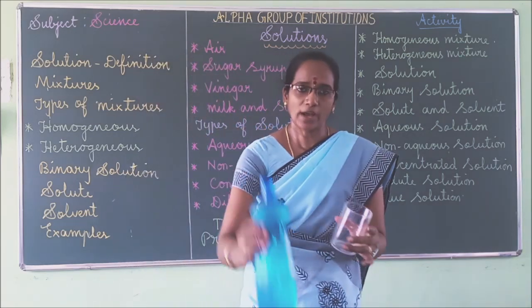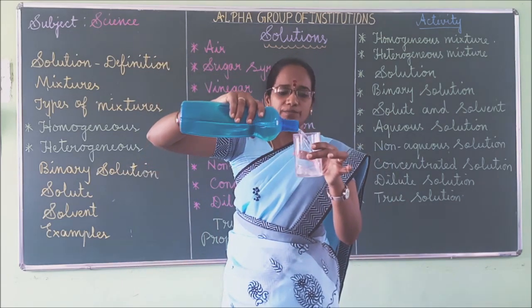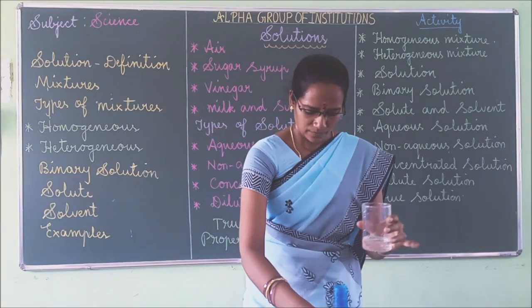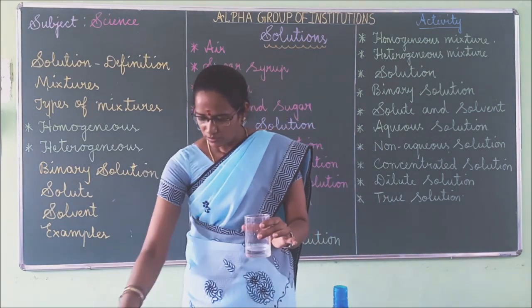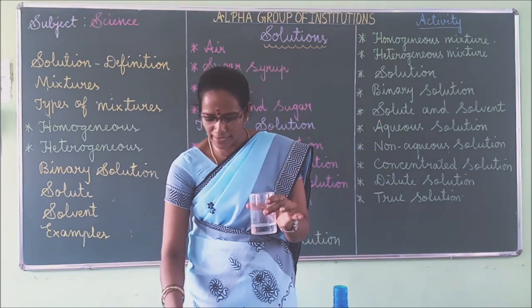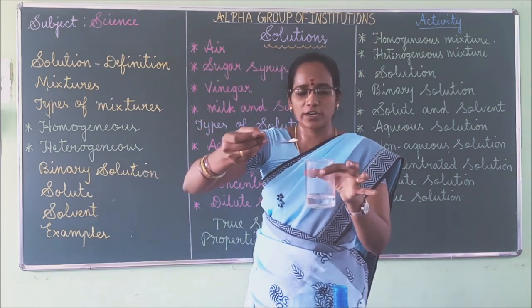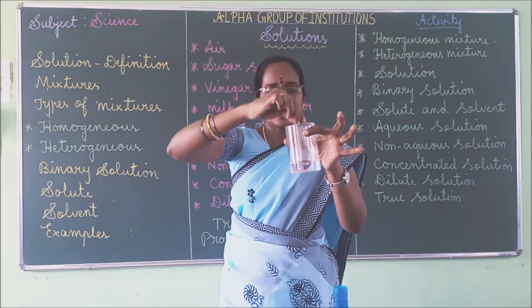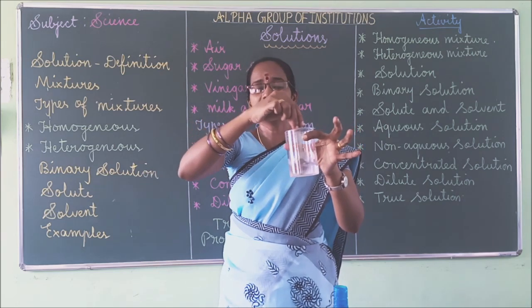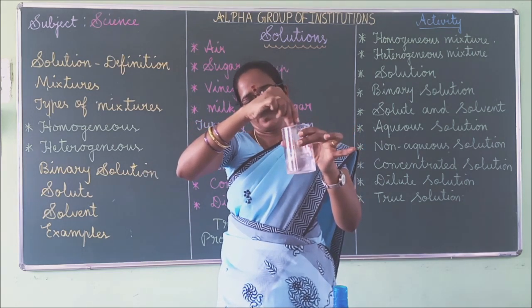Okay, so I am going to take water. Just add some baking soda or otherwise common salt or otherwise sugar into it and mix it well. Now I added salt, common salt. Mix it well.